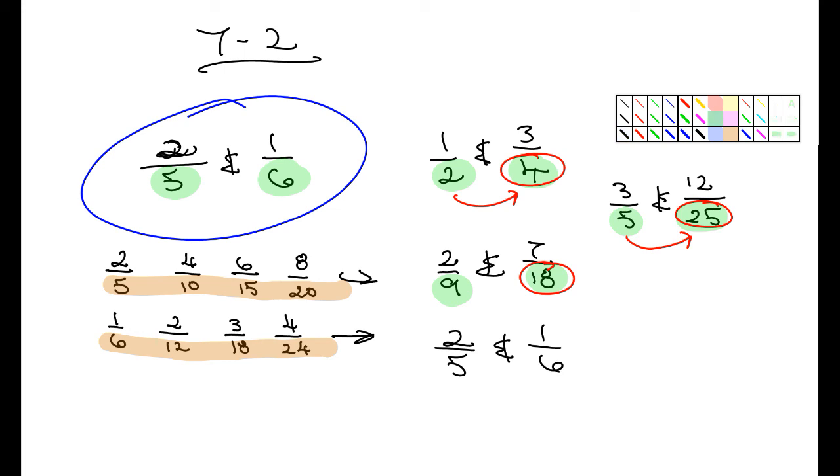And we need to find a multiple that they will both go into. Well, I'm just going to multiply 5 times 6. 5 times 6, what's that equal? 30. There's my common denominator that both of those will fit into. 5 goes into 30 6 times, 6 goes into 30 5 times.